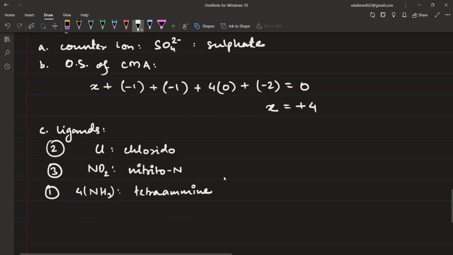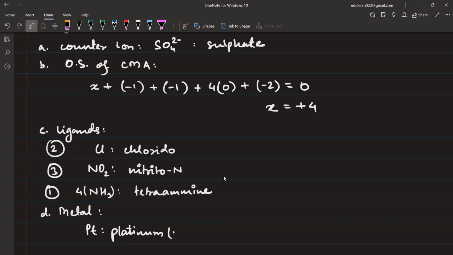Then what do we have? The D part is metal. What is the metal here? Pt, right? It is platinum, with Roman 4. Now write the name.